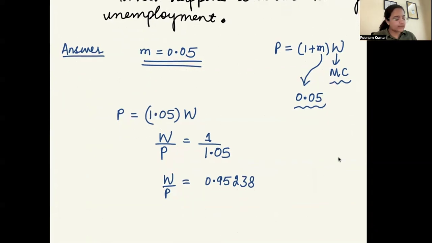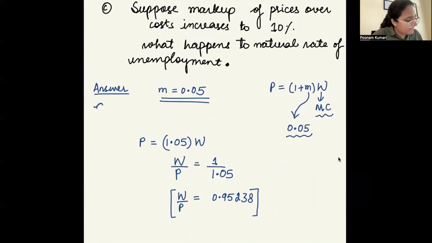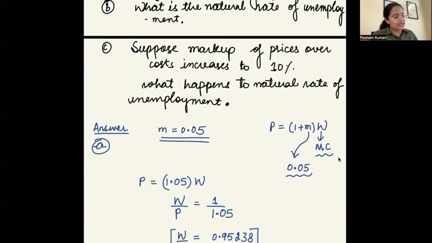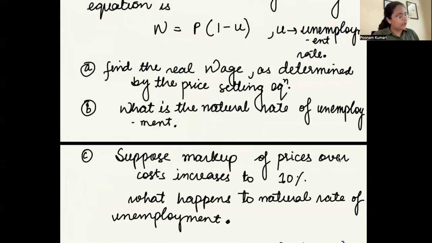This is my real wage. This is what I had to find. The first part was this only, that you have to find the real wage as it is determined by the price setting relationship. Everybody okay with this step?